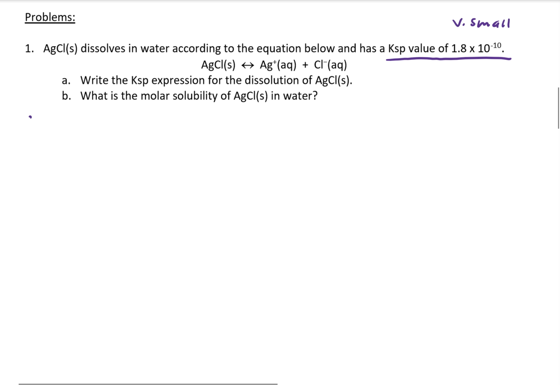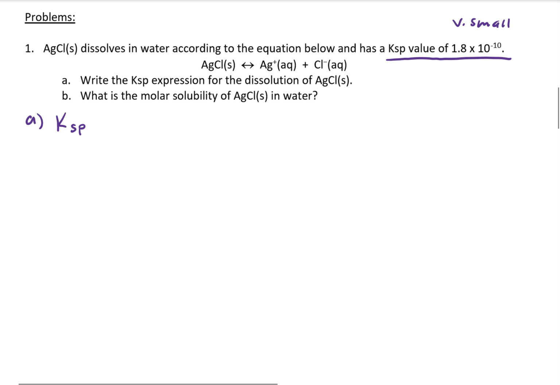First off, we want to write the KSP expression for the dissolution of the silver chloride solid in water. KSP expressions follow the same format as KC and KP expressions. It is products over reactants using coefficients as the exponents, only including aqueous compounds and gases. In solubility problems, we don't have gases.